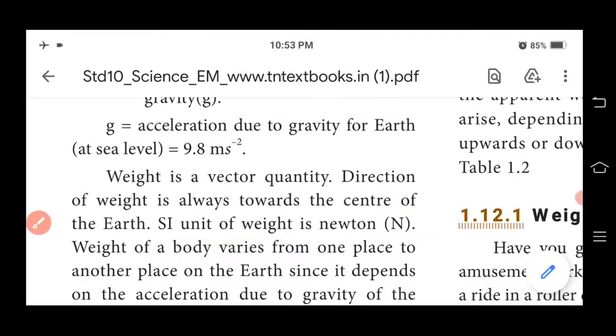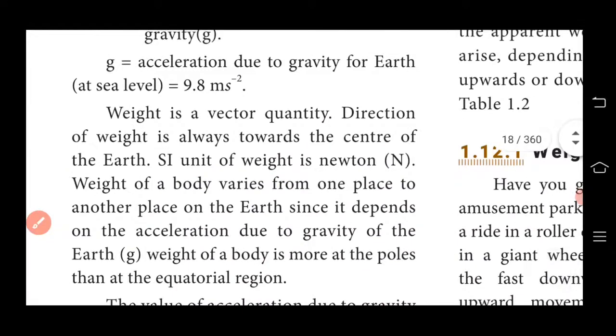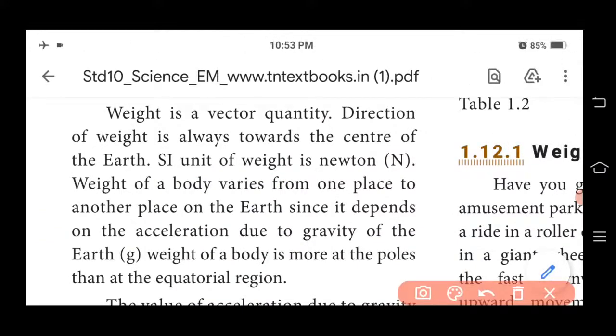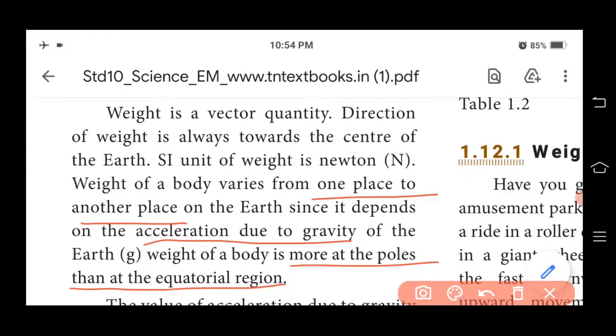And then the weight of a body varies from one place to another because it depends upon the acceleration due to gravity of the earth. So the weight of the body is more at the polar region than at the equatorial region.